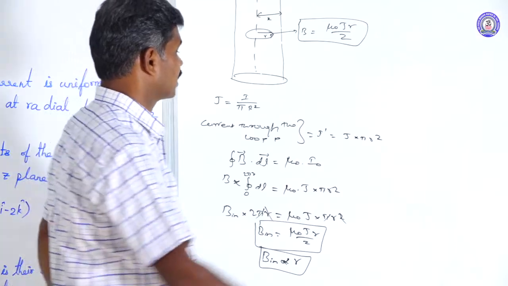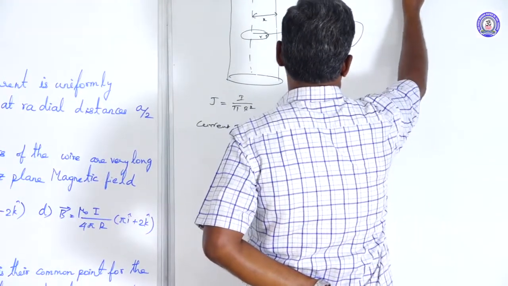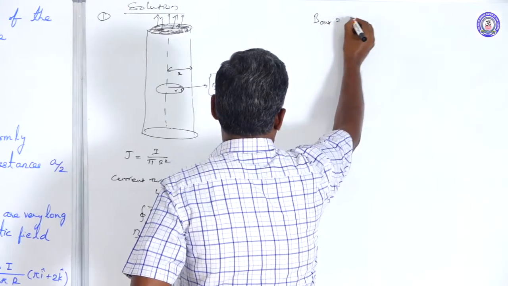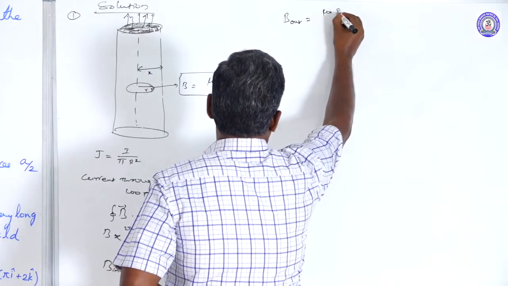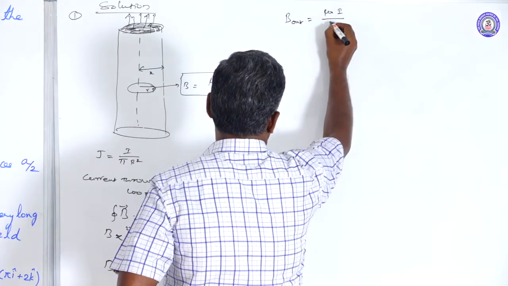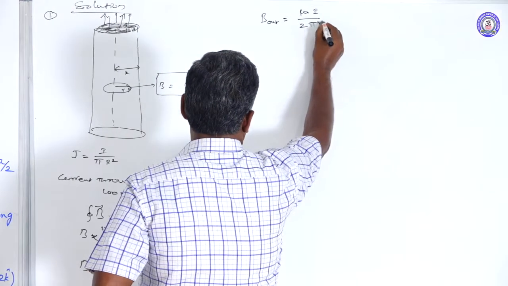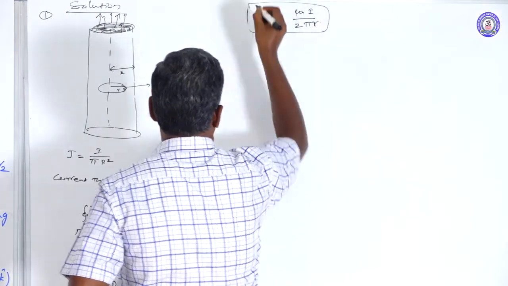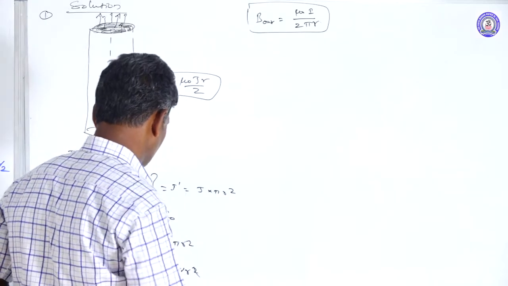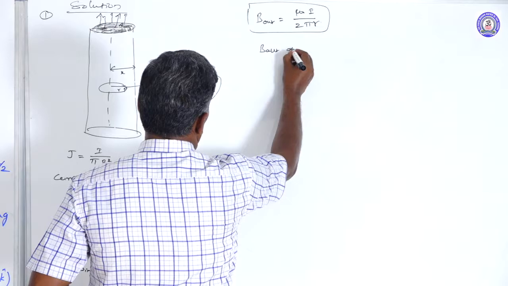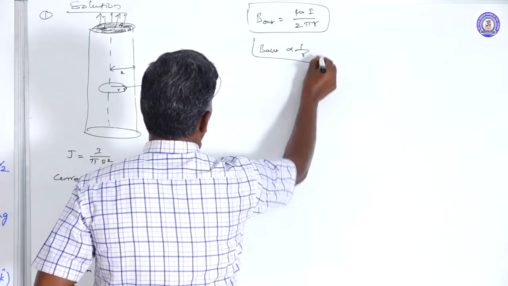And outside the conductor, based on Ampere's circuital law, B outside is equal to mu naught I by 2 pi r. So inside it is proportional to r, outside it is proportional to 1 by r.